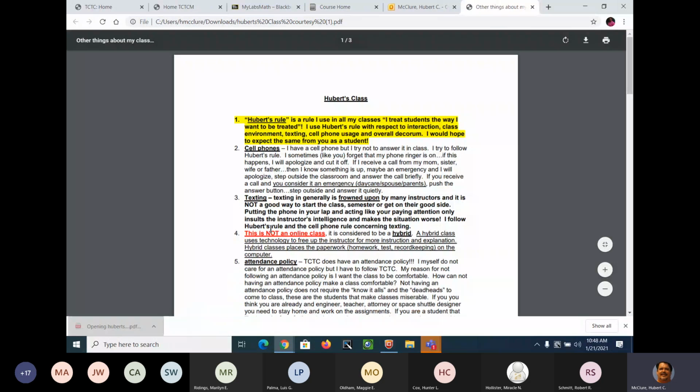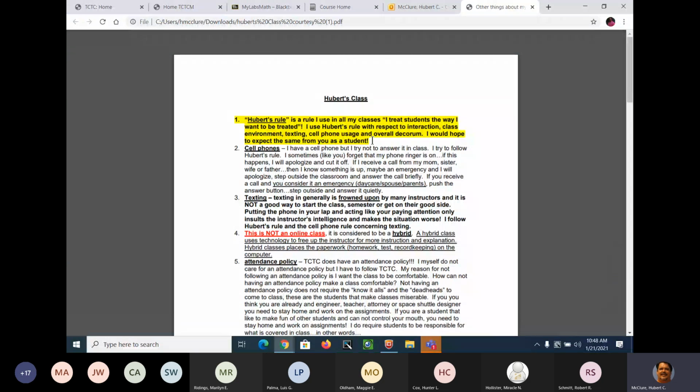My number one rule, and you know what? It's never failed me. This rule right here has never failed me. And I've never had problems. Do you know how many students I've thrown out of my class for being belligerent in 25 plus years? 3. Yep. And all 3 of them were males.